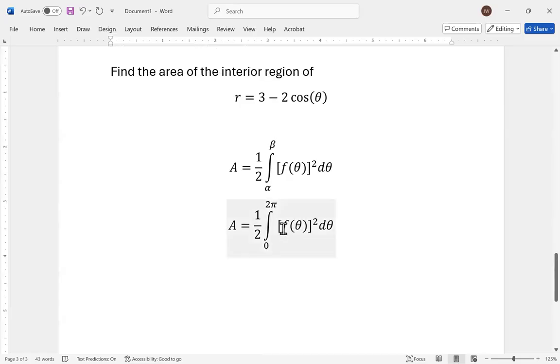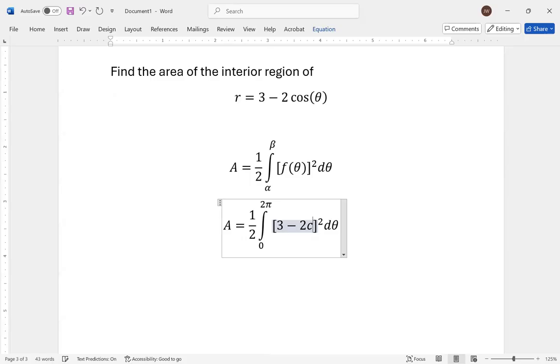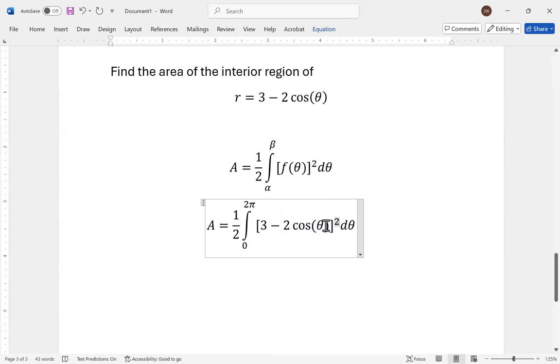That's the whole point. My function r just gets replaced with 3 minus 2 times cosine of theta. Be very careful when you do that, because that needs to be inside of parentheses, and the square needs to be applied to this entire function.